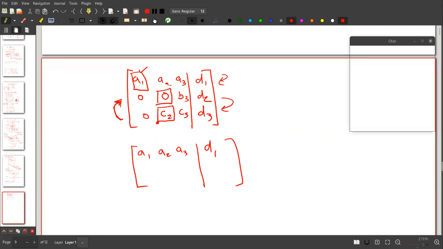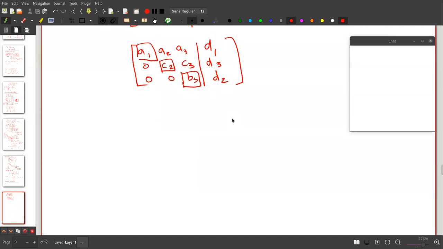So it will be 0, C2, C3, and the right hand side also changes, D3, and now this will become 0, 0, B3 and D2. Now you see that the pivots are in the upper triangular form, and we can solve it easily. So this is a way by which you can make it upper triangular.